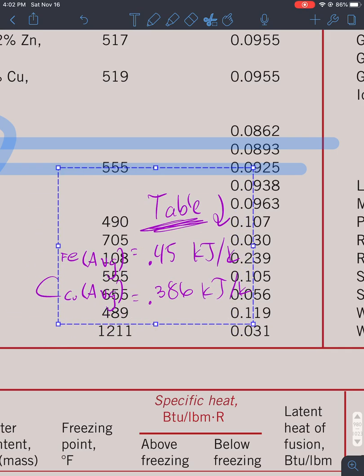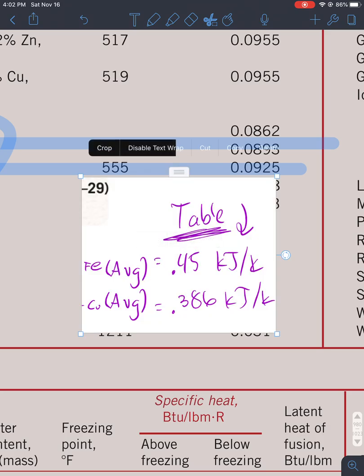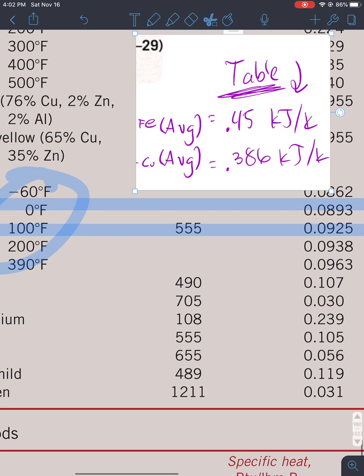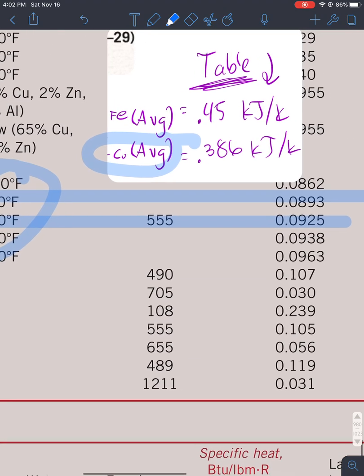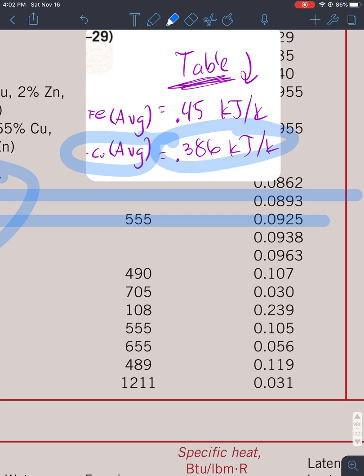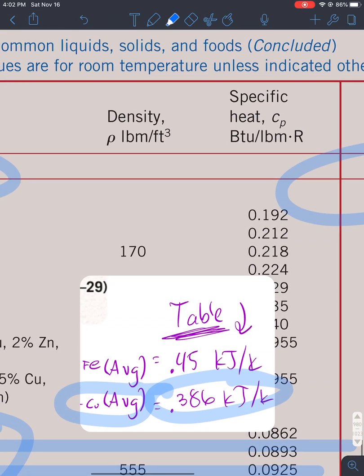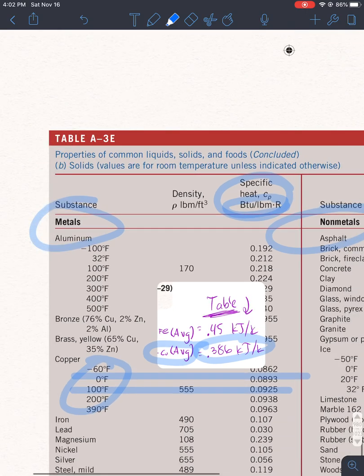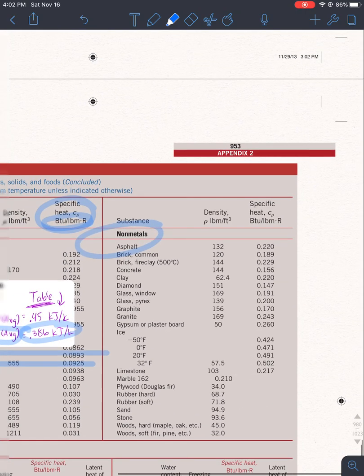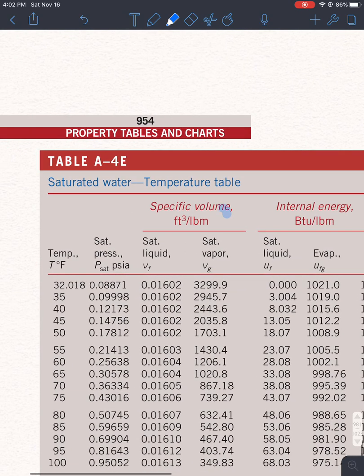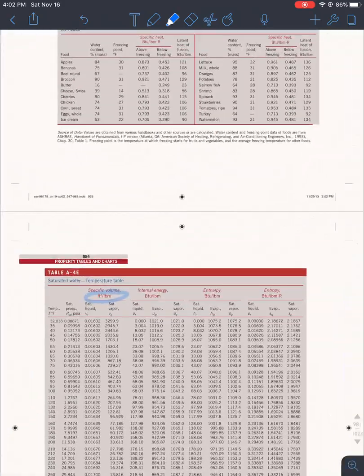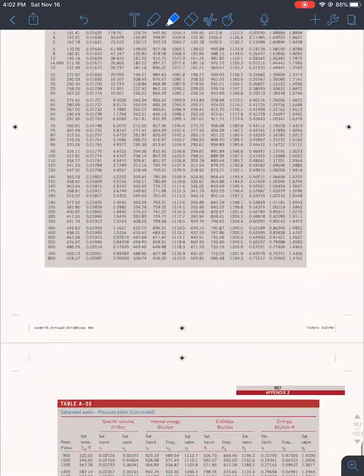Can't really see that. Let's paste the image. So iron. We're looking at copper right now, and it looks like we're looking at the wrong thing. So are we doing Cp? It's BTU per pound R. That's it. We're in the wrong appendix. Cubic feet per pound. We're not doing that. We're doing Kelvin. So let's find the right place.